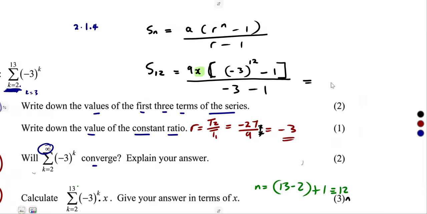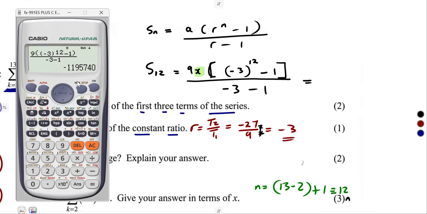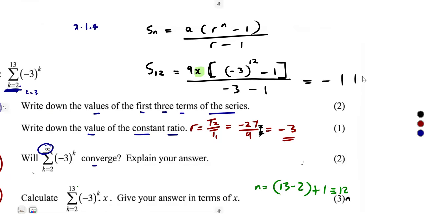So we're going to obtain, as we saw on our sum, it is a negative. So that's -1,195,740 times x, in terms of x. We have got the sum of terms in that case, in terms of x.